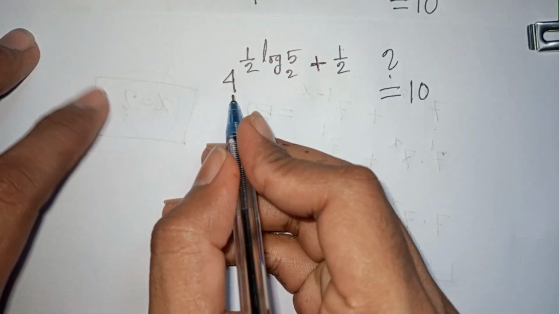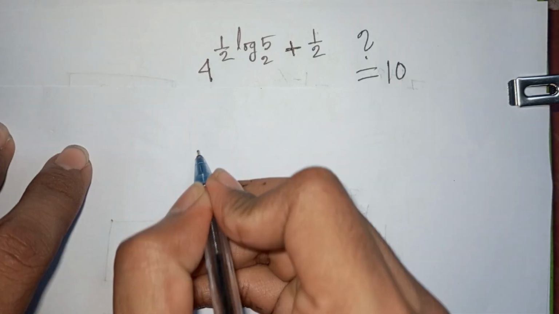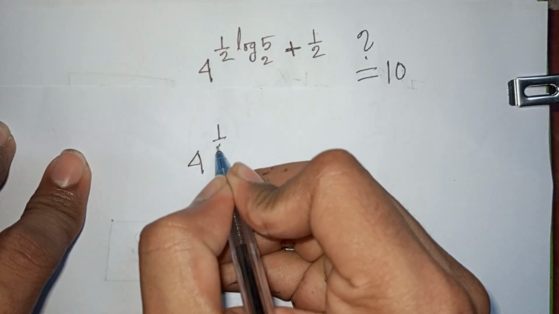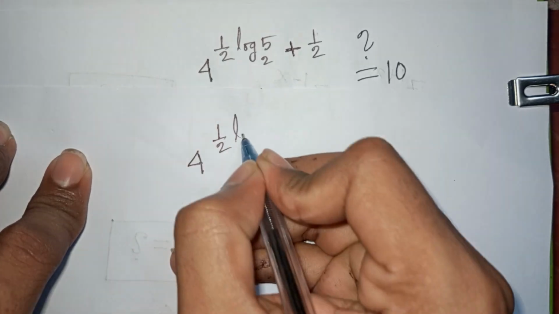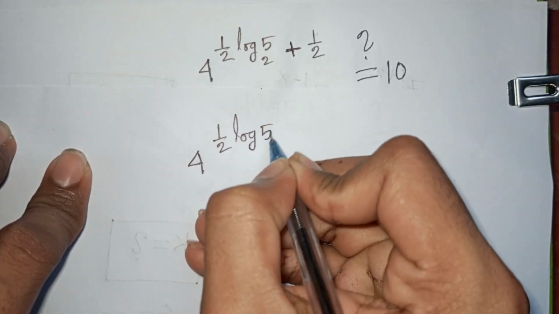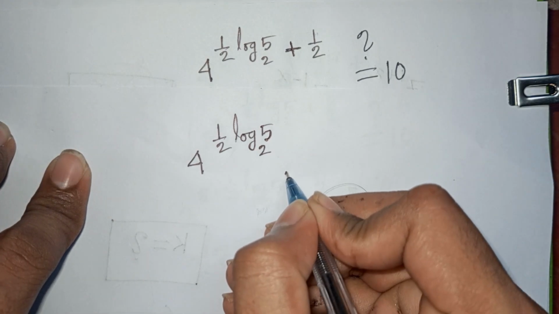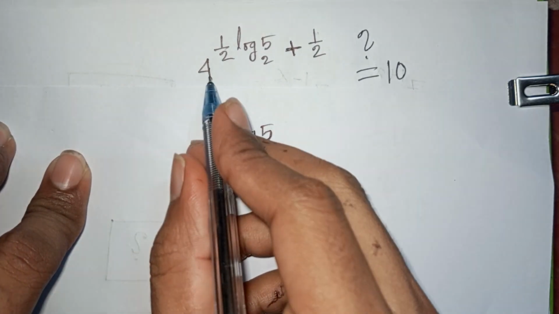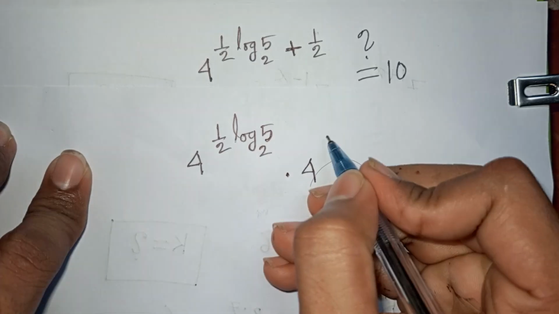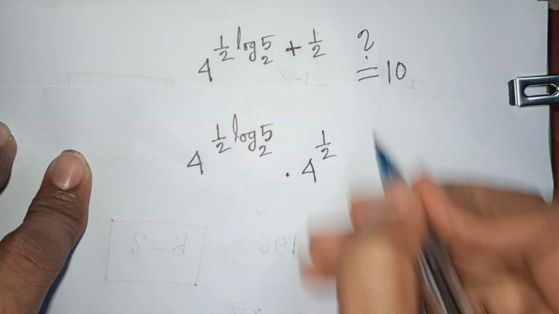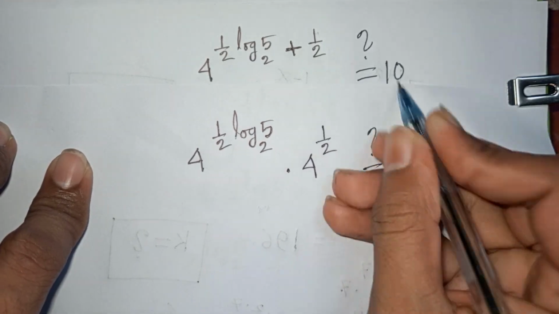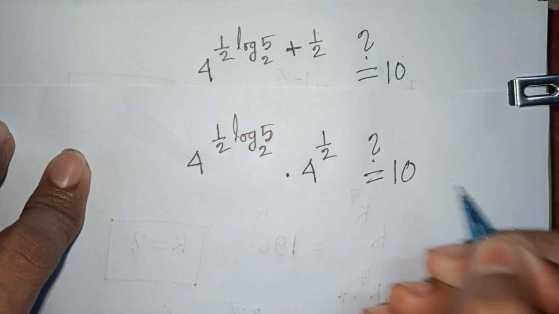Now we have 4 power of 1 by 2 log 5 base 2, then times 4 power of 1 by 2 is equal to 10.